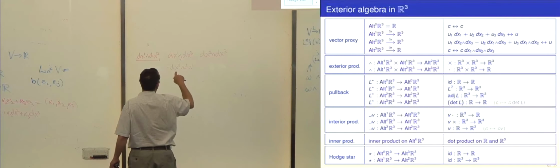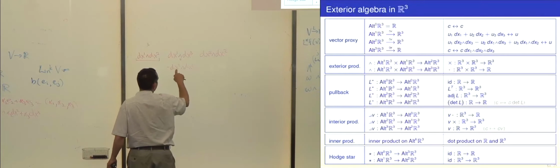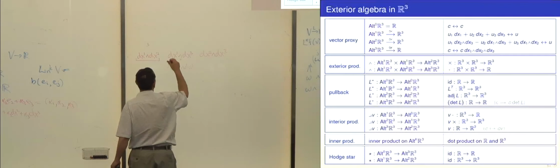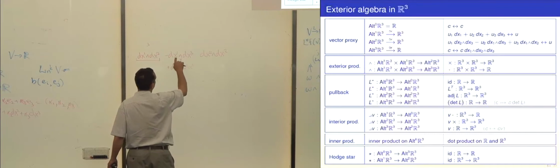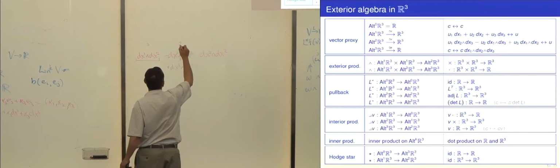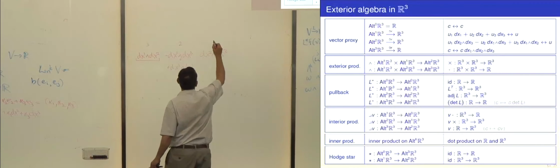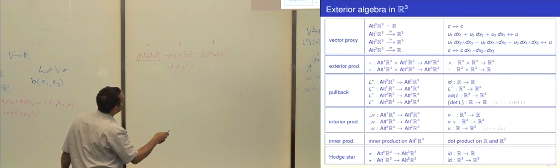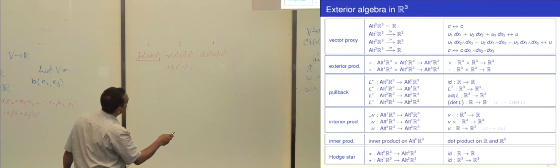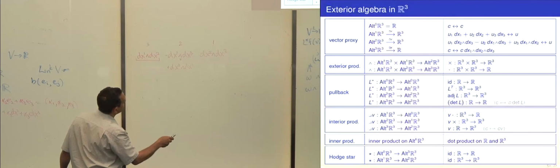And we associate dx3 dx1, which is minus dx1 dx3, with 2, and dx2 dx3 we associate with 1. So that gives you the formula here. u1 dx2 dx3 minus u2 dx1 dx3, or plus u2 dx3 dx1, plus u3 dx1 dx2, we identify with u1, u2, u3.